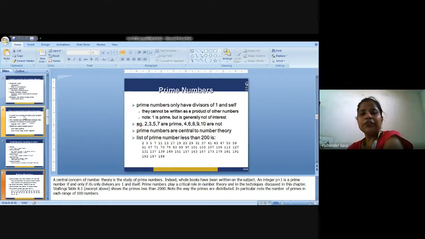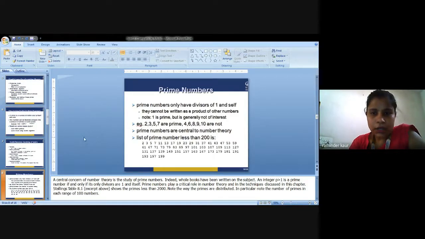So there are numbers that we have chosen here, but the list is limited to only 200. The prime numbers are distributed and you can choose the range. For example, I have chosen the range 200, so out of 200, I am using the number 199 or 197.